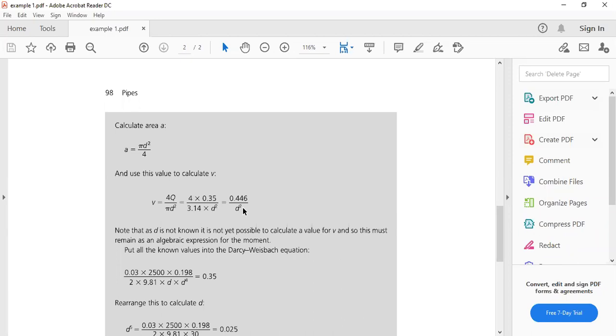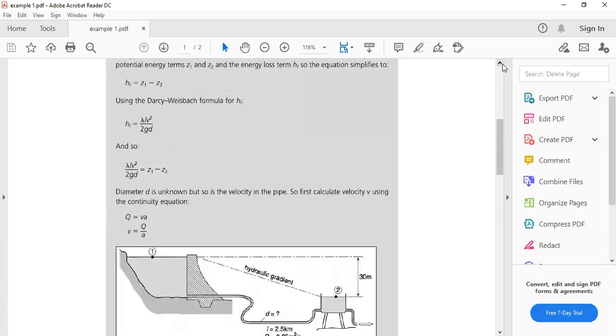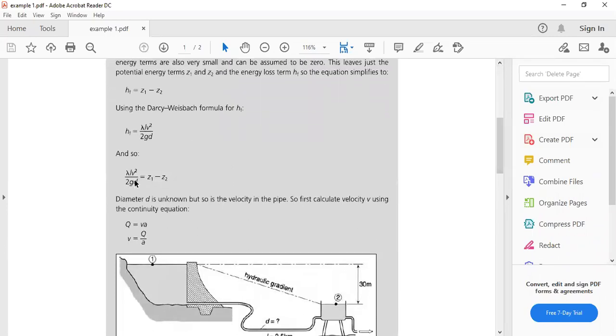So in the head loss equation now, where there's velocity, we can simply replace it by this value. And when we do that, the whole lot of this, we can add it here where there's v.